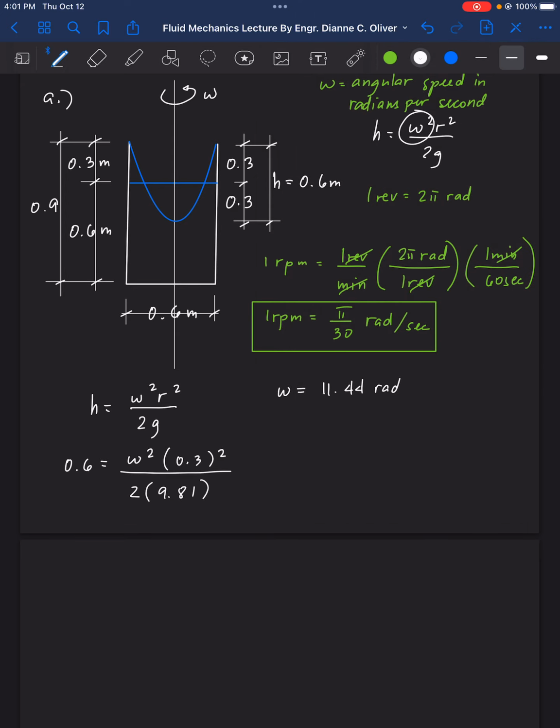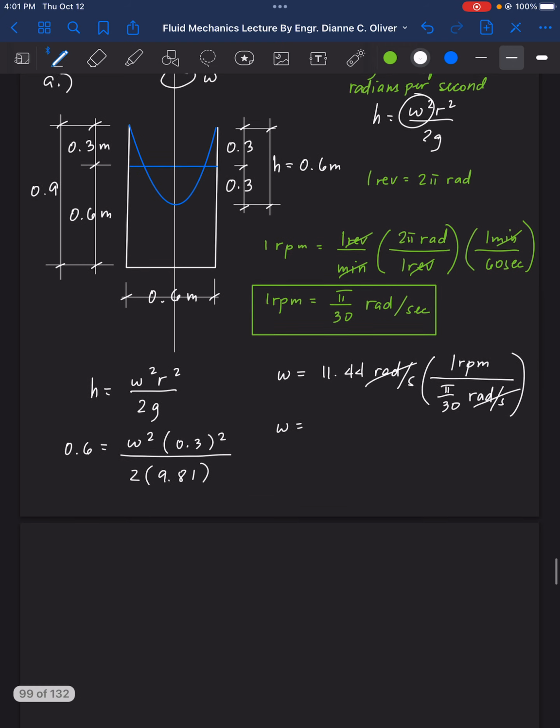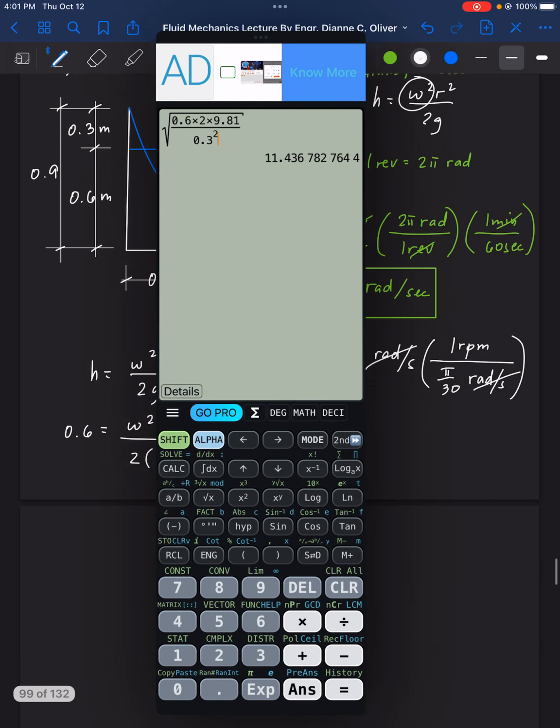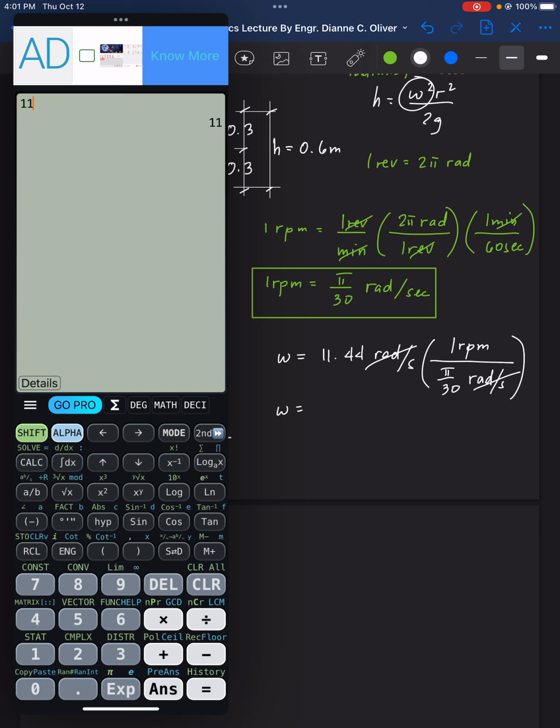We will multiply this with 1 RPM. Since we're looking for the angular speed in RPM, that is 1 RPM all over pi over 30 rad per second. So cancel rad per second. So omega is 11.44 times 30 over pi, 109.21 RPM.